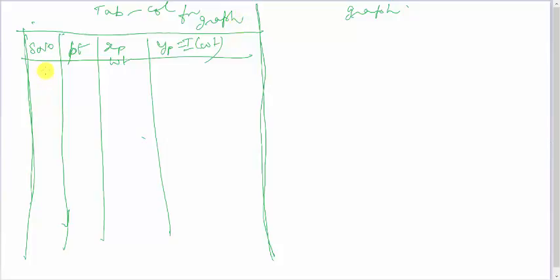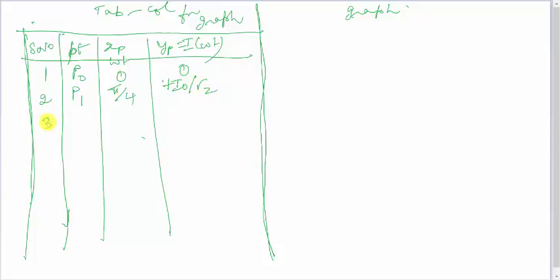Now serial number 1 will be my P naught, omega t will be 0 and this is also 0. The second point will be P1, omega t will be pi by 4 and y coordinate will be I naught by root 2, plus I naught by root 2.